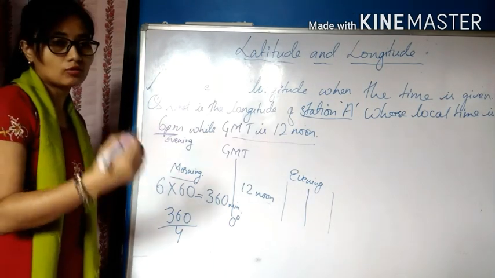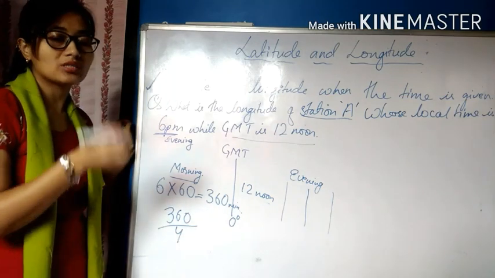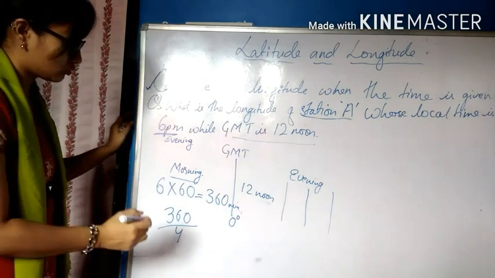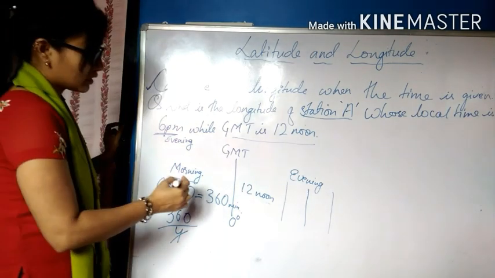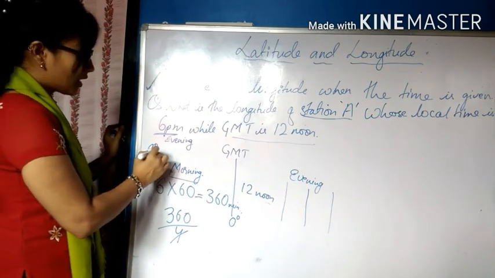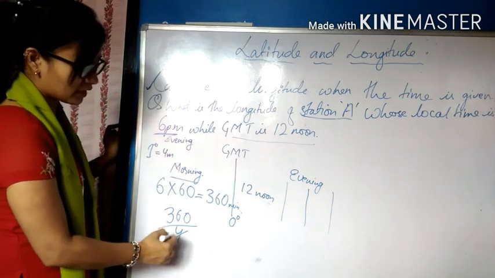Why divide by 4? Because, as I have already told you, the sun appears to move at the rate of 4 minutes for every degree of longitude. Or we can also say the time taken by the sun to cross 1 degree of longitude is 4 minutes. That's why we have to divide by 4.